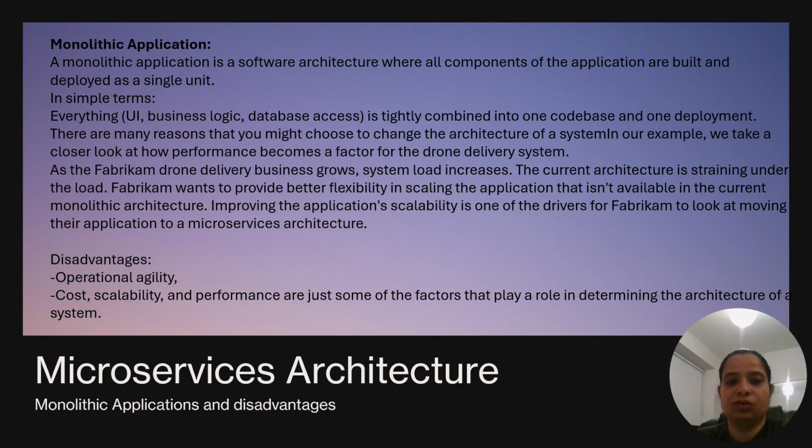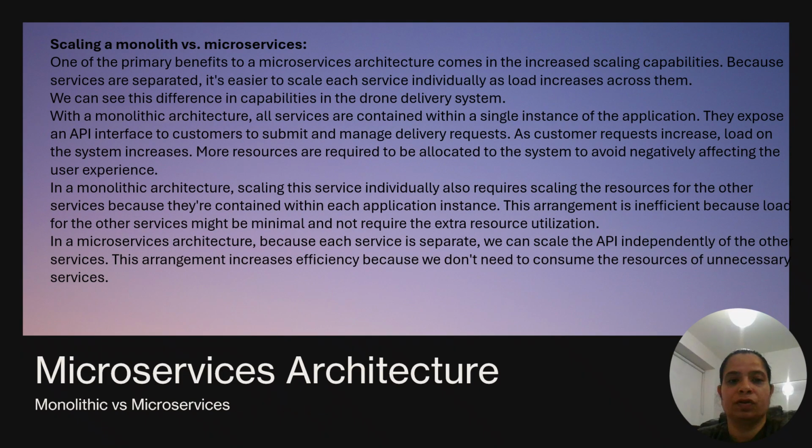Scaling the application is not easily available in monolithic architecture. That's why we go for microservices architecture. Operational agility, cost, scalability, and performance are some of the disadvantages of monolithic applications. So that's why we go for microservices architecture.